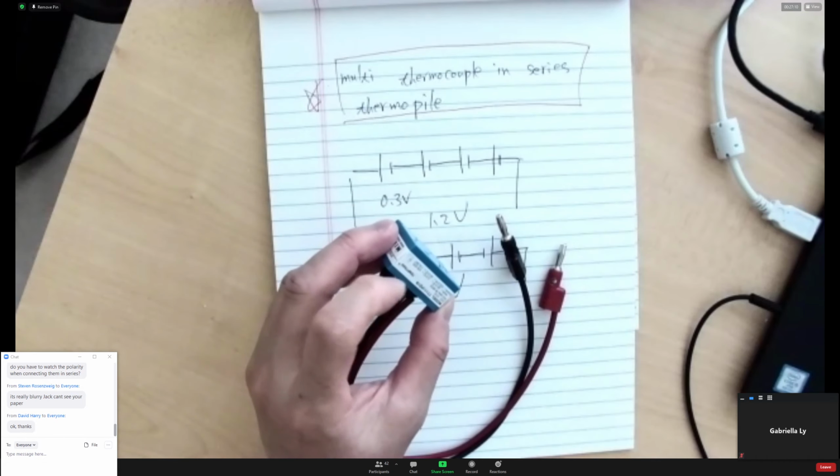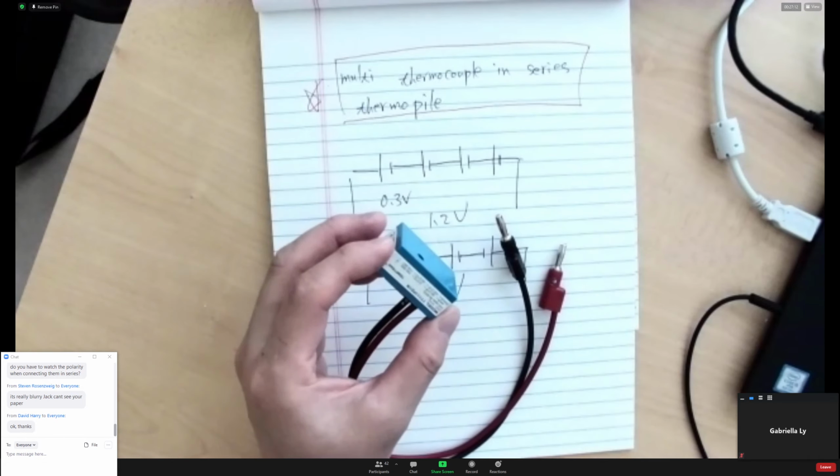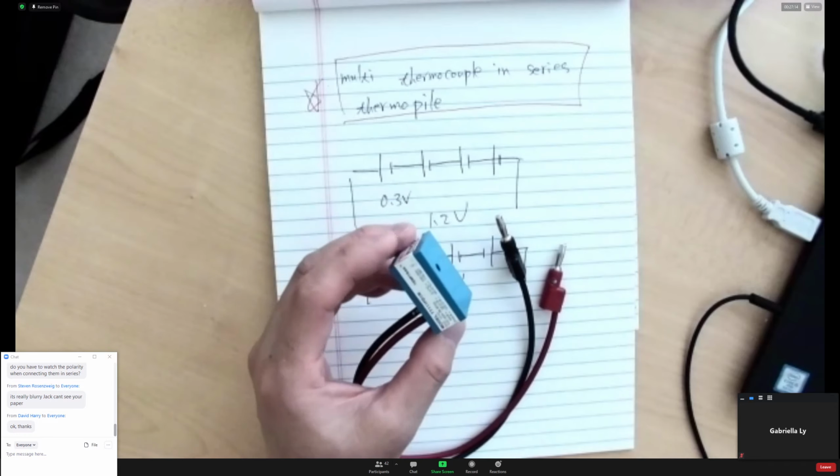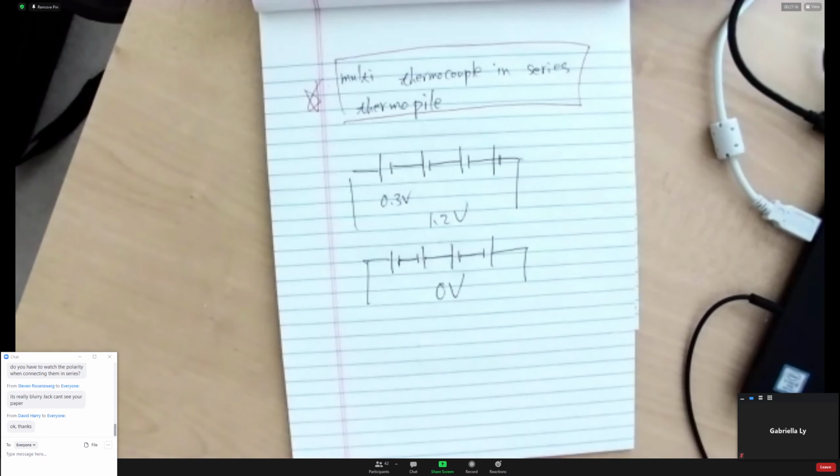That's why they can give you more different value of reading. But for a single thermocouple, when you heat up, I think maybe I heated up at least 12 to 15 degrees.